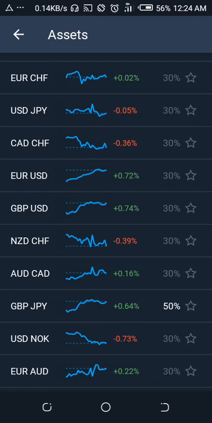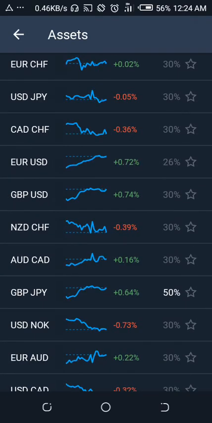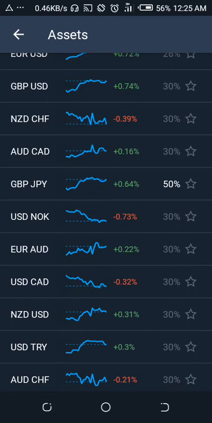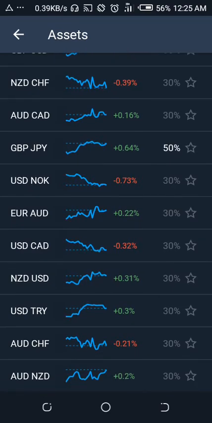Now, I'm looking for a major pair currency that is not only of high profit, but at the same time of high profit margin. So here, 0.72, 0.74 is a higher profit margin than 0.072, but the returns here are 30%, so I won't go for that. 0.64 is 50%, see.